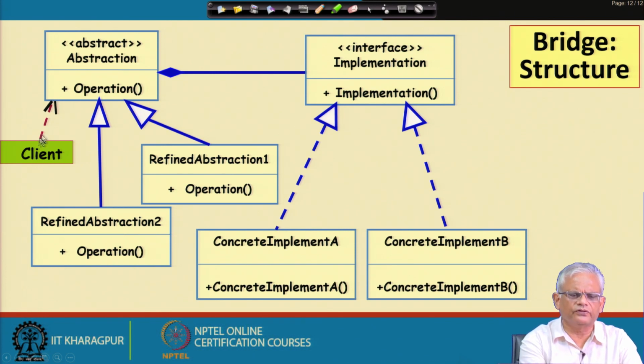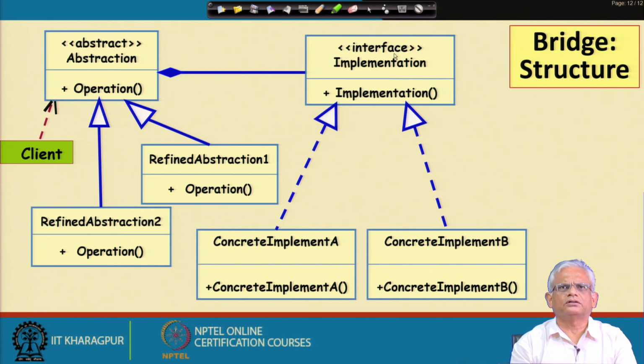The client invokes the abstract class here, to which the corresponding concrete class is bound, and then the implementation is an interface, and depending on the type of platform and so on, there are different implementation classes here, and the correct implementation class should be bound to the abstraction.